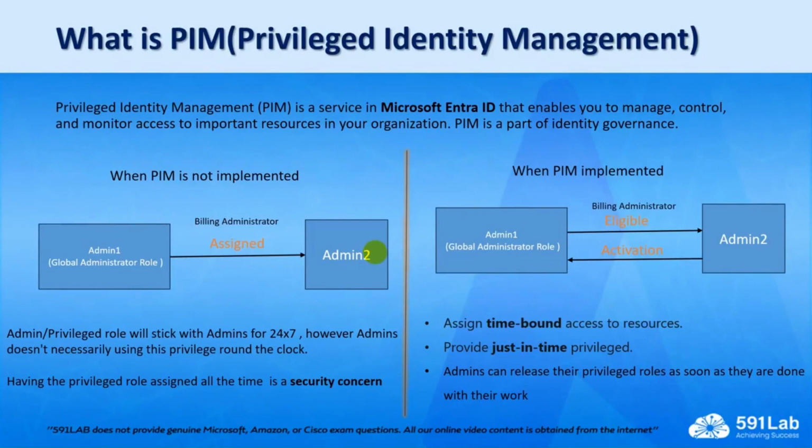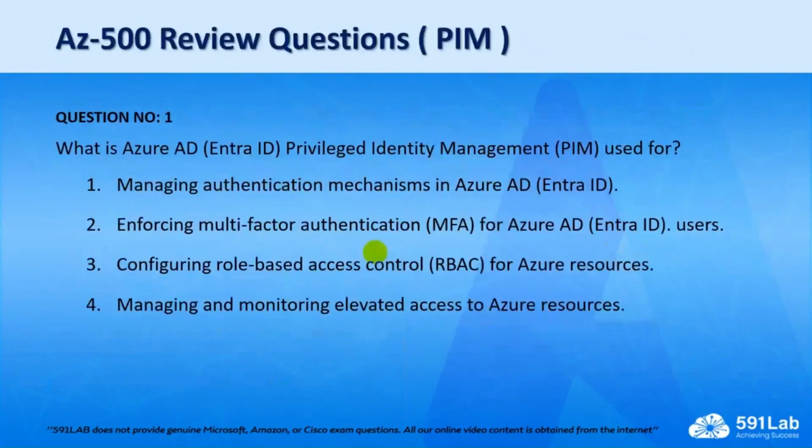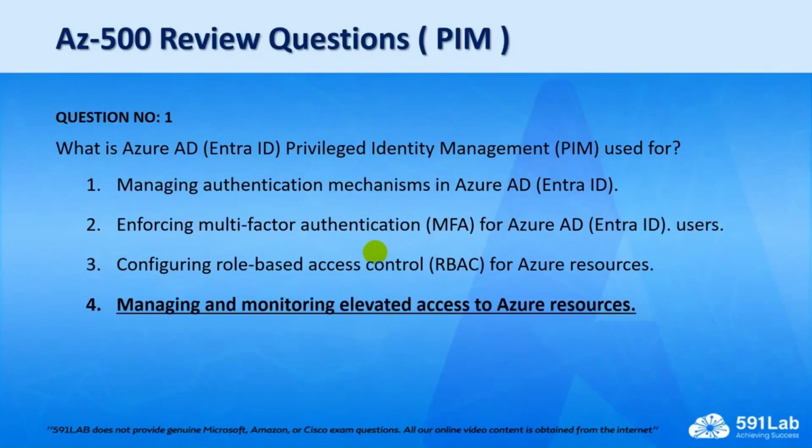So basically, PIM does management, control, and monitoring of access to the important resources in our organization. Now come back to the question and see what the answer is. I'm pretty sure you must have figured out the answer, and the answer is managing and monitoring elevated access to Azure resources. That should be our answer.